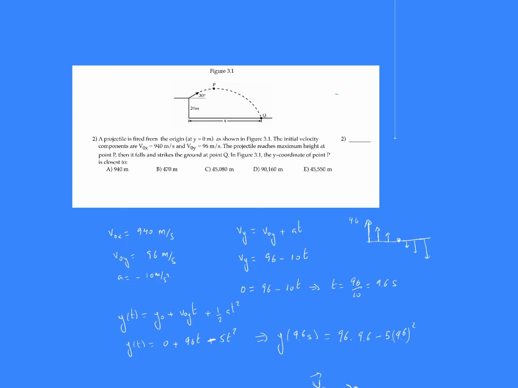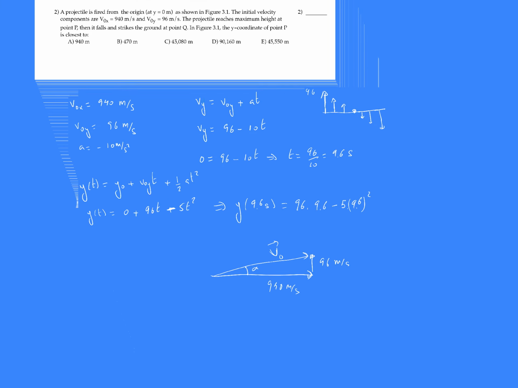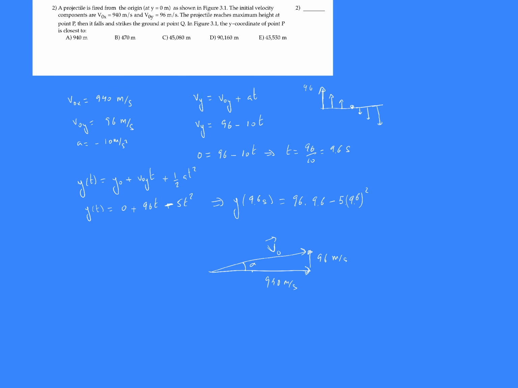This 30 degrees is not true, because if you see the velocity vector, this angle here is not 30 degrees. The tangent of alpha is 96 divided by 940.